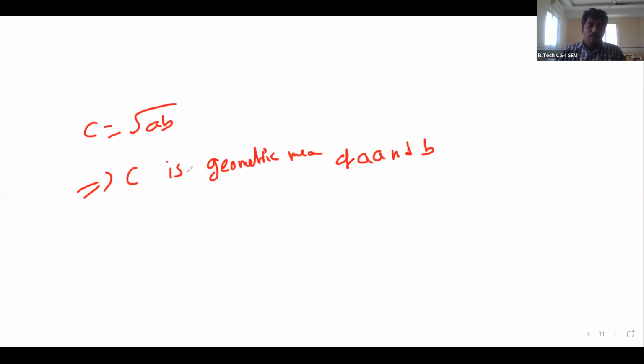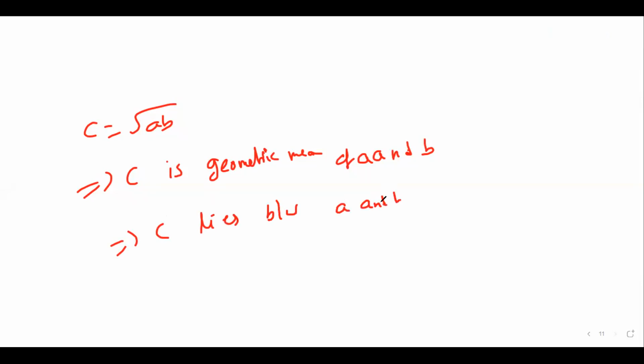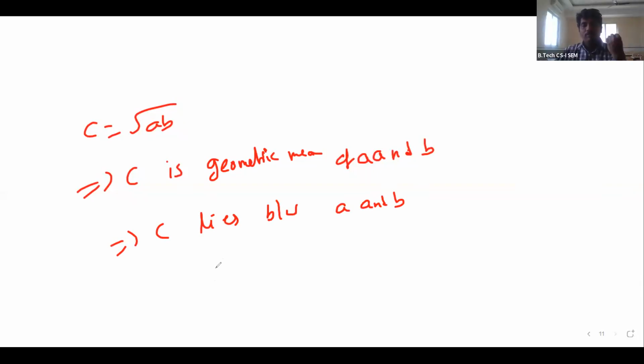Root of ab means c is the geometric mean of a and b. This implies c lies between a and b. Arithmetic mean lies between a and b, geometric mean lies between a and b, harmonic mean lies between a and b, all the means lie between a and b. That is why c lies between a and b, implies Rolle's theorem verified. Rolle's verified.